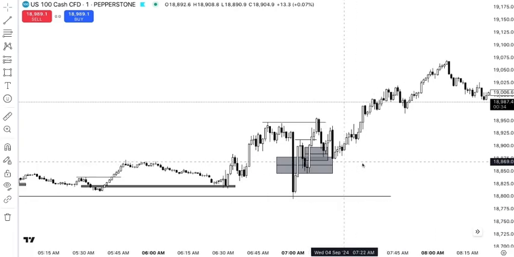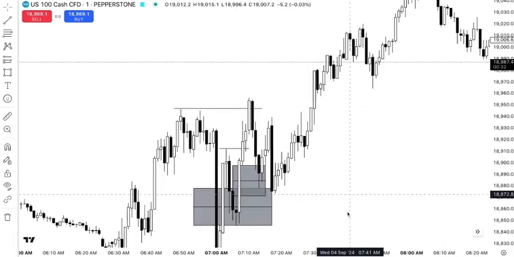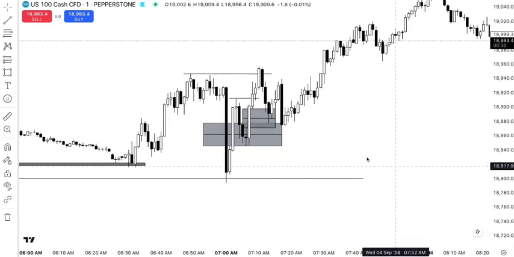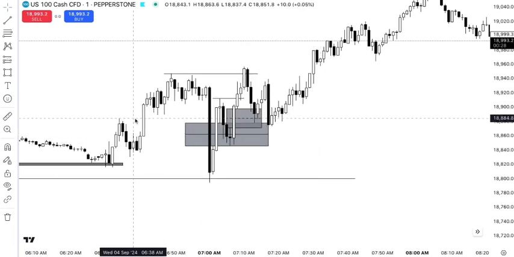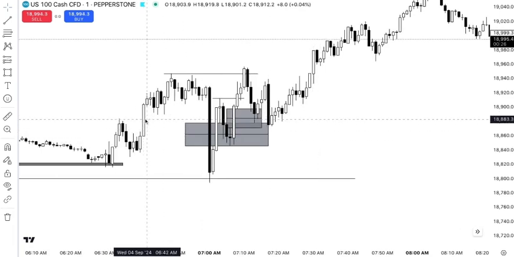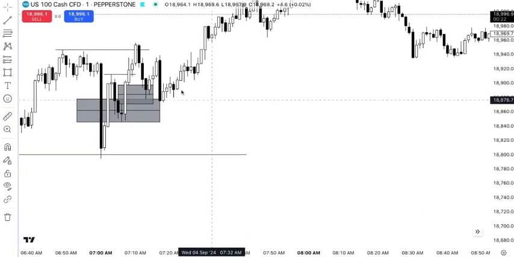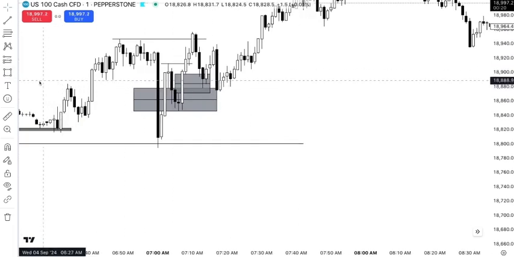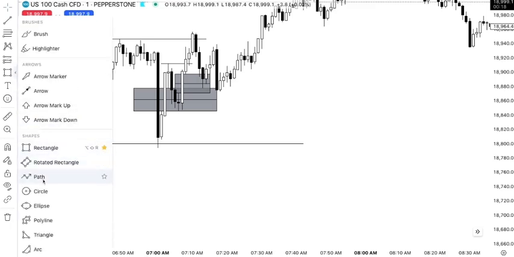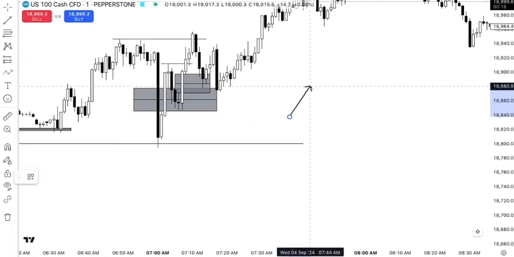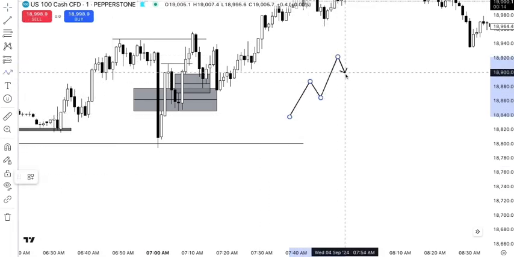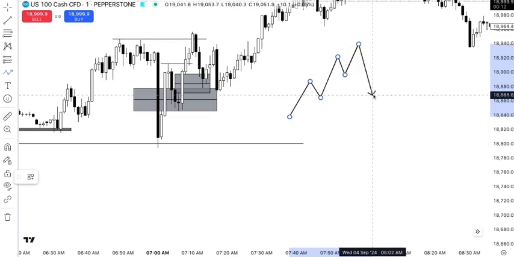And then an inverse fair value gap is basically using this candle as in price comes back into it. So let's draw that out for you guys. Say we have a trend going, come up, sweep this.